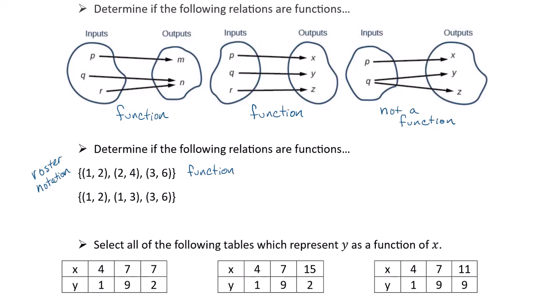Here, this input goes to one output. But here we have the same input going to a different output. Okay, this is a case where we got root beer and a lemon lime soda from the same button. We already know, we don't even have to look at any more points. This is not a function.